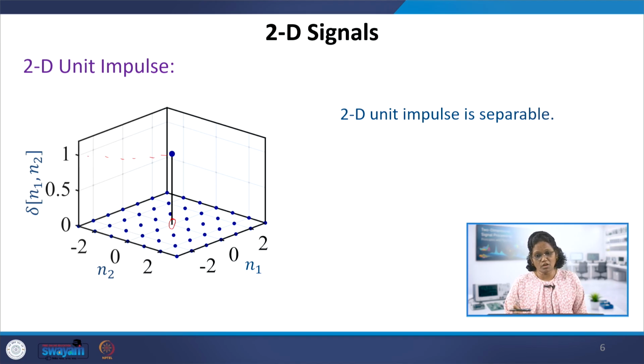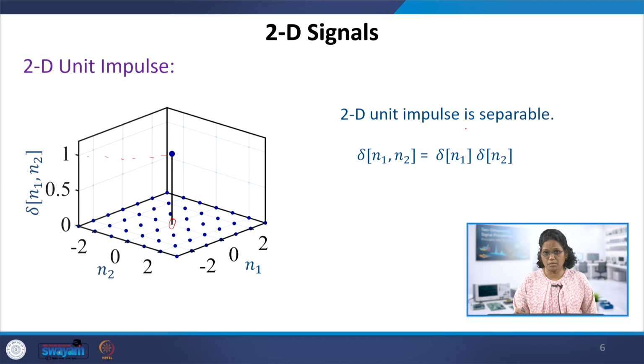The separability concept will help us to make the analysis easy in two-dimensional signal processing. So what is the meaning of separability here? We will introduce that separability, and we will use this property of 2D signals in some of the analysis. When the unit impulse is separable, it means del of n1 comma n2 can be written as del of n1 into del of n2.